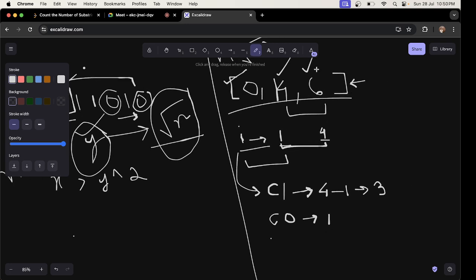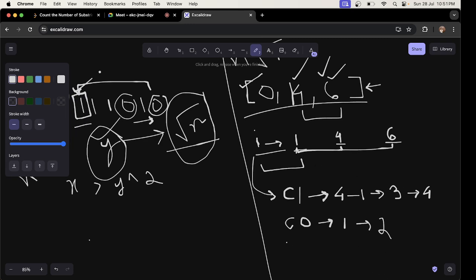Now let's take the second index, 6. If I consider the next substring from 1 to 6, how many zeros will we have? 2. The number of ones is 6 minus 2, which is 4.